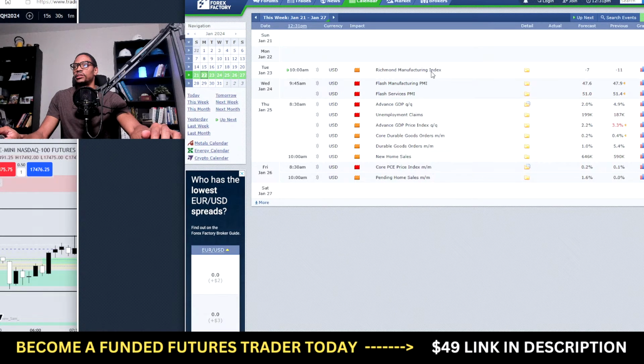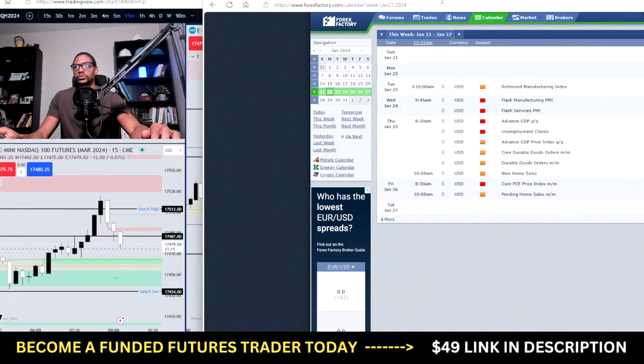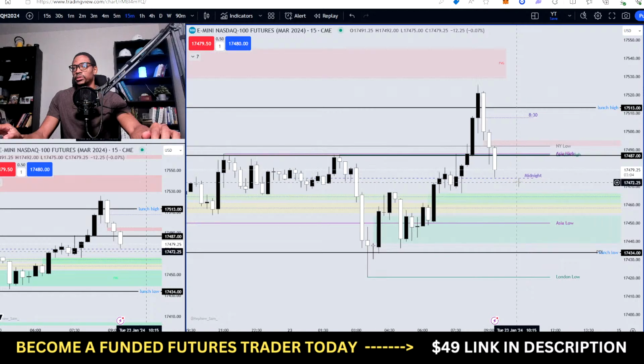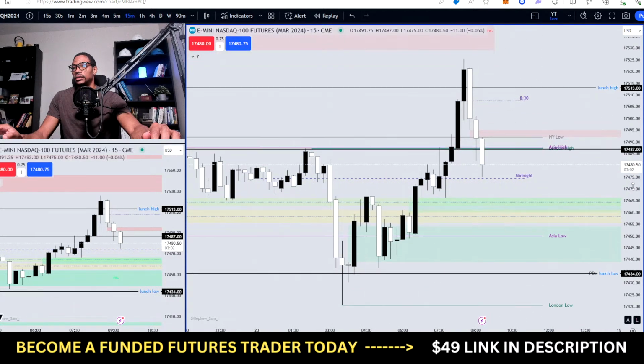So we have the Richmond Manufacturing Index coming at 10 o'clock. So we need to prepare for that as we're watching the opening bell. Just be aware that there is news coming. It's an orange folder, so it's medium impact, but medium impact can have a big impact on price. Okay, so now we're getting right to that midnight open price that I mentioned. We want to see how price reacts to that level.